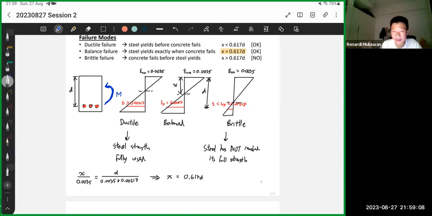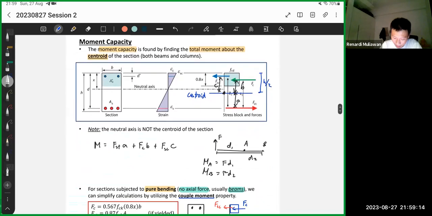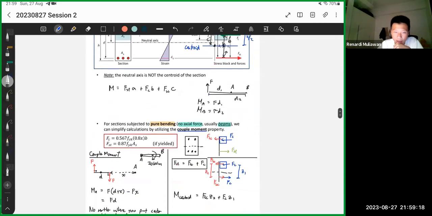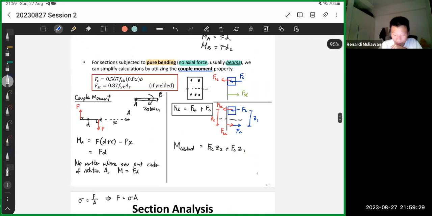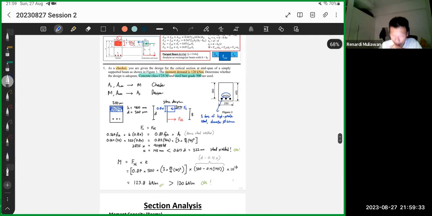But in columns, you will need it. So that's why I teach you now. Then we reviewed the couple moments, why it can be used in beams but not columns, because in columns we have N, the normal force. That's why we cannot use the couple moments, but beam you can. Then we covered how to get the moment capacity.